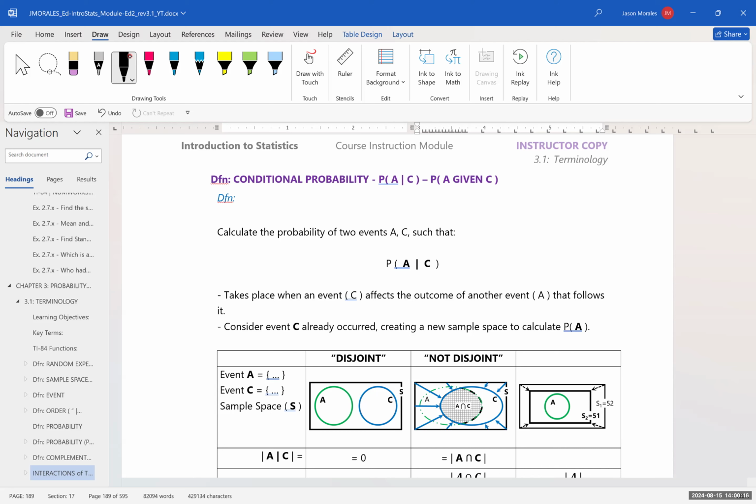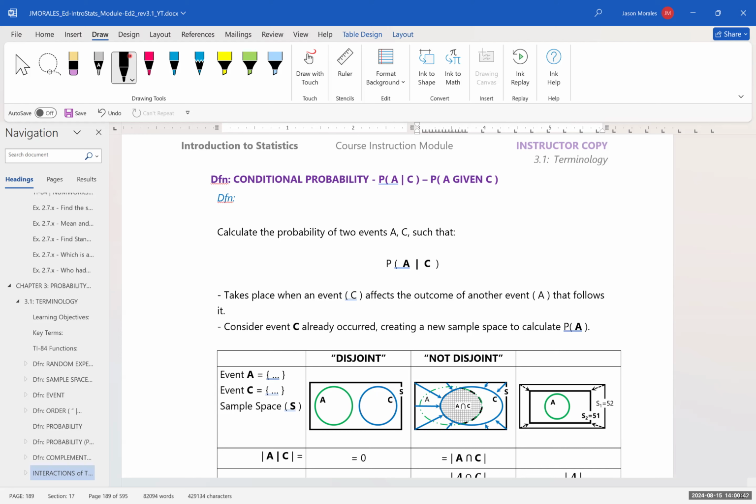Conditional probability is when you have two events, but they may not be occurring at the same time. One may occur ahead of another, and because one event occurs first, that may affect the second event, which occurs last. So that's what we're going to be talking about with conditional probability.